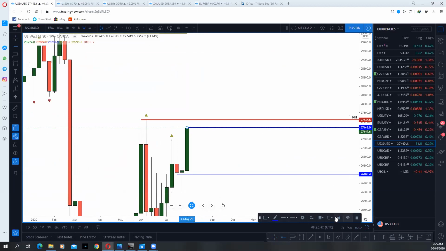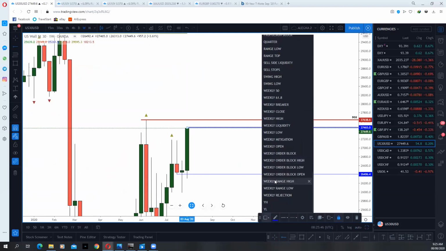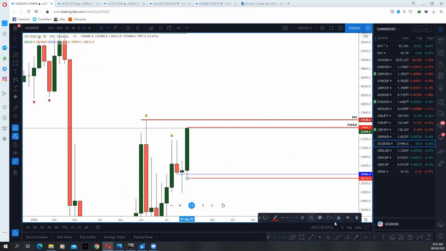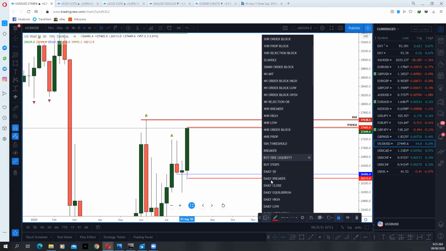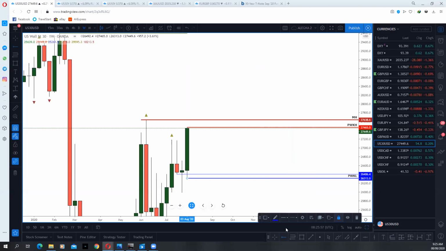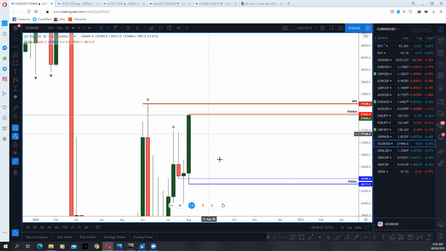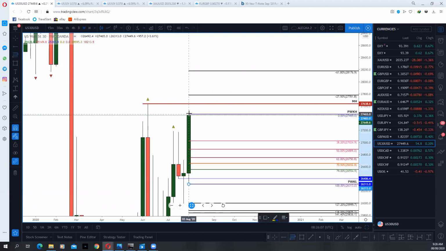It might pull back. So here you go in, you mark the prior week high and the prior week low. Once you've done that, since you're using the weekly candle and you know this weekly candle is bullish, you apply your fib, because this candle is very big.